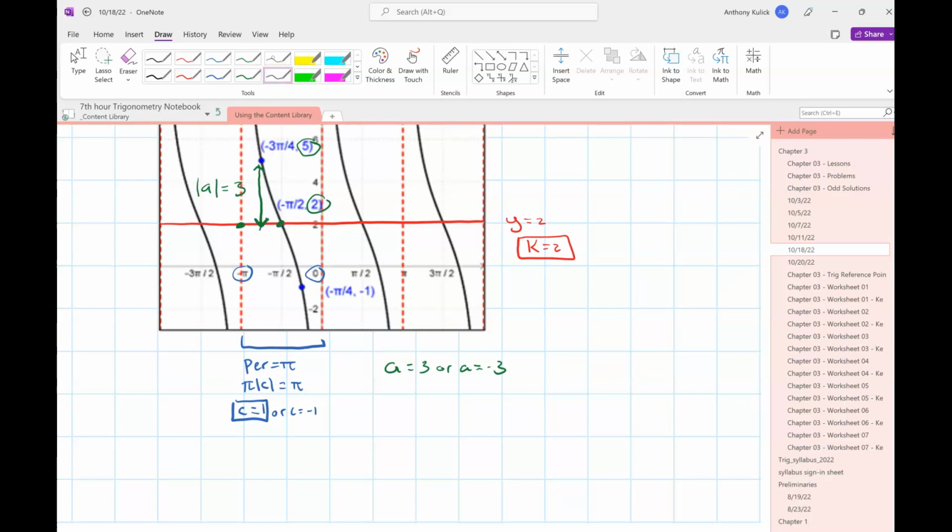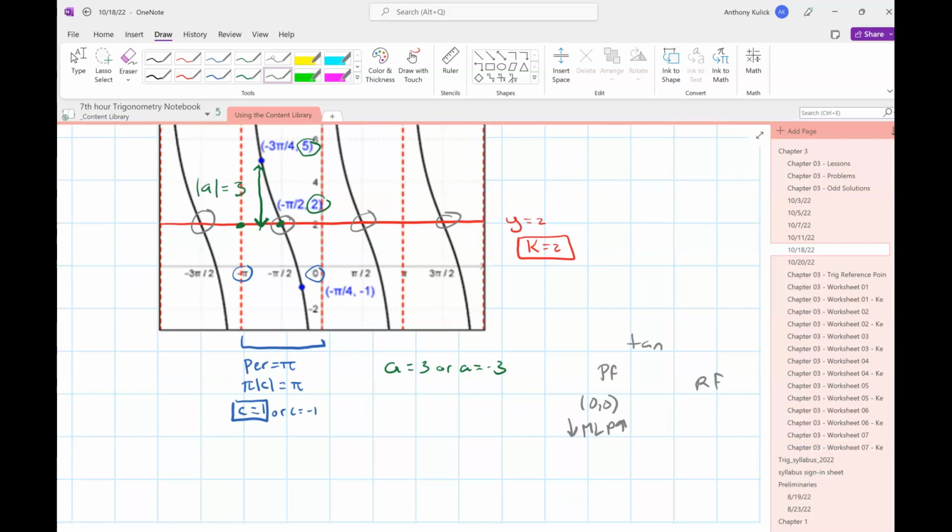Here's the trickiest part. From our function for tangent, we go to our parent function. We're always going to use that 0, 0, which is a pointing down midline point pointing up. On our resultant function, we're going to pick some other midline point.